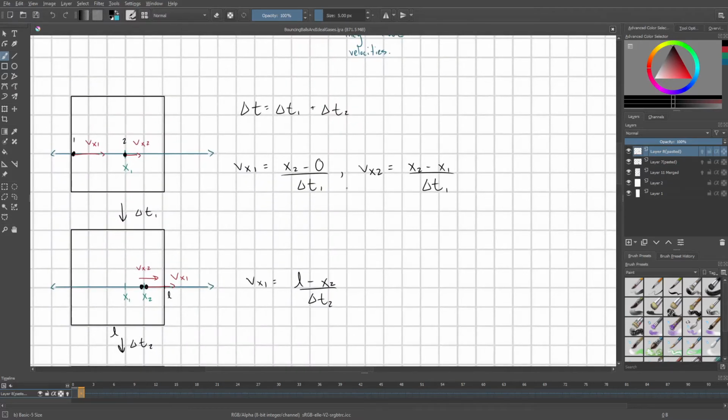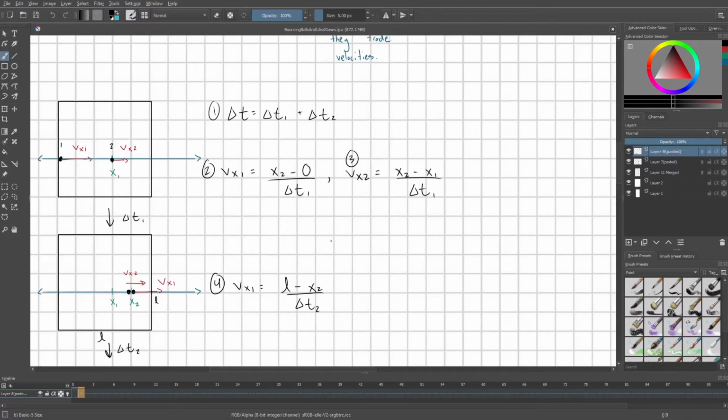And so we have 1, 2, 3, 4 equations here. And we could very easily go through and solve for delta t, do this all by hand. Instead, I'm going to go ahead and just plug these into Mathematica and have it do it for me to save time.